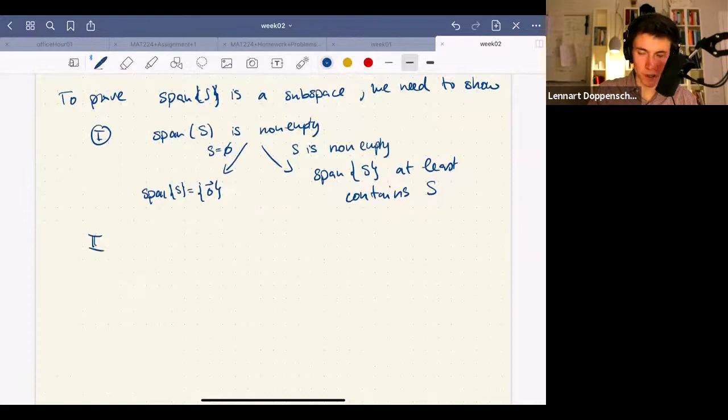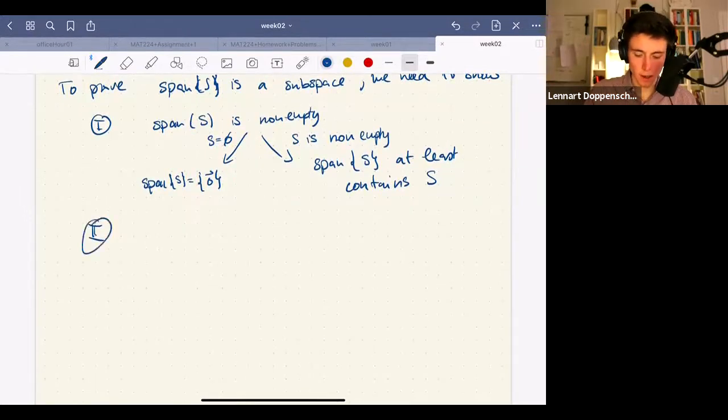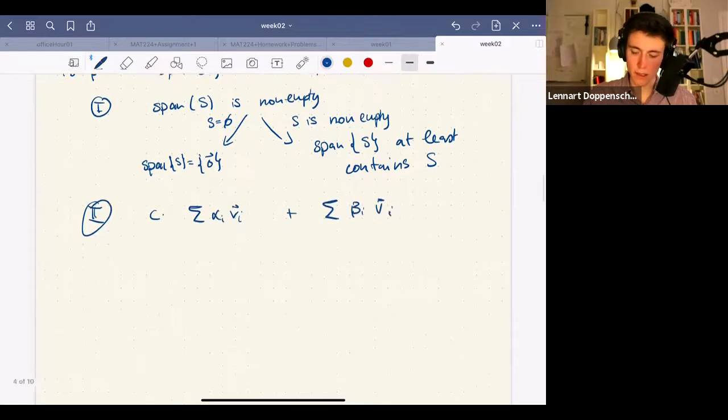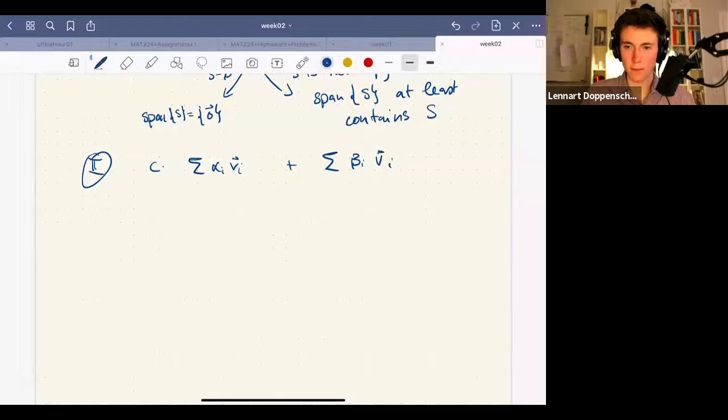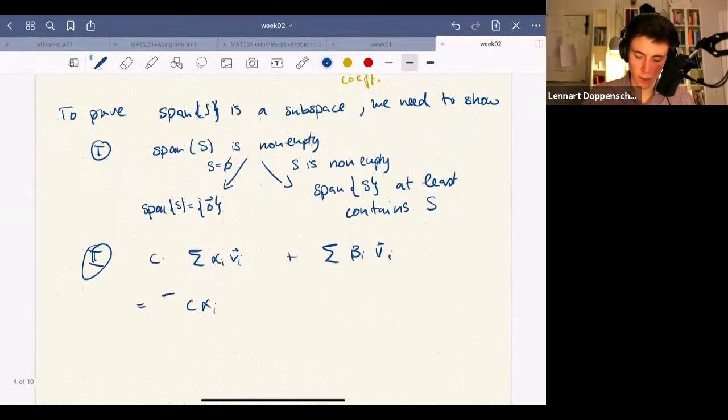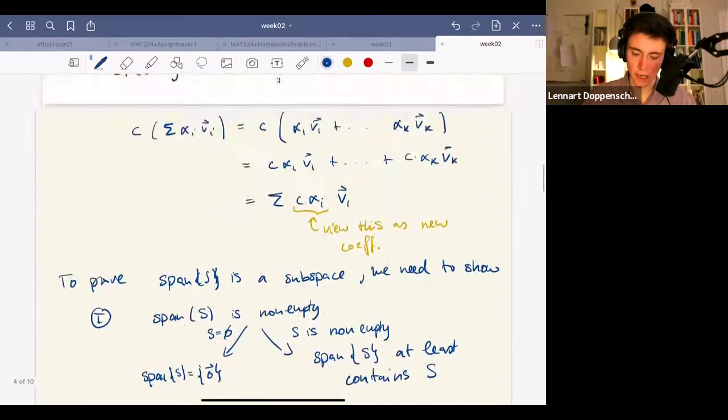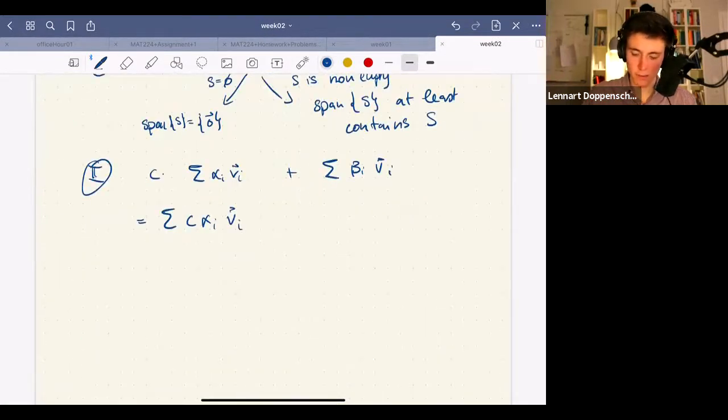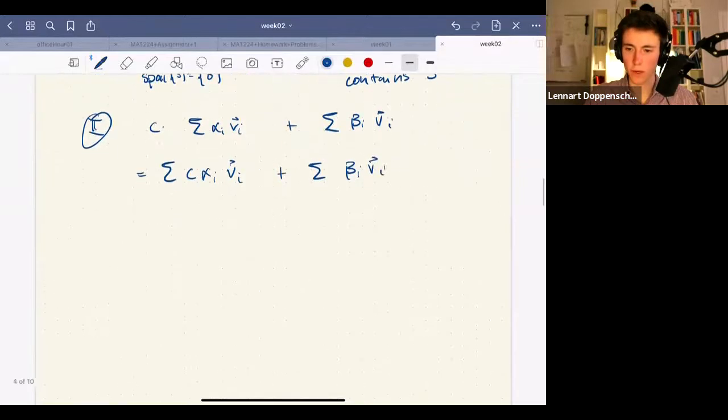Okay, and the second one, the last condition, is we need to check that C times one vector, in this case, a combination VI, plus another combination, and we picked these at the beginning, is still in the subspace, in the subset. But now, if you do this, we first take in the C as we discussed above. I told you how to multiply this. And then we have the sum of two linear combinations, and we just do this coefficient-wise.